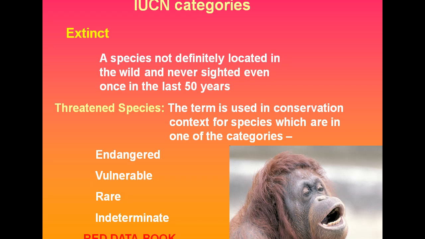Then the endangered species. This is the prior step of the species being threatened. They are also very small in number, found only in different locations or in their habitat. They are highly threatened, then we call them endangered. Then the next one is vulnerable.